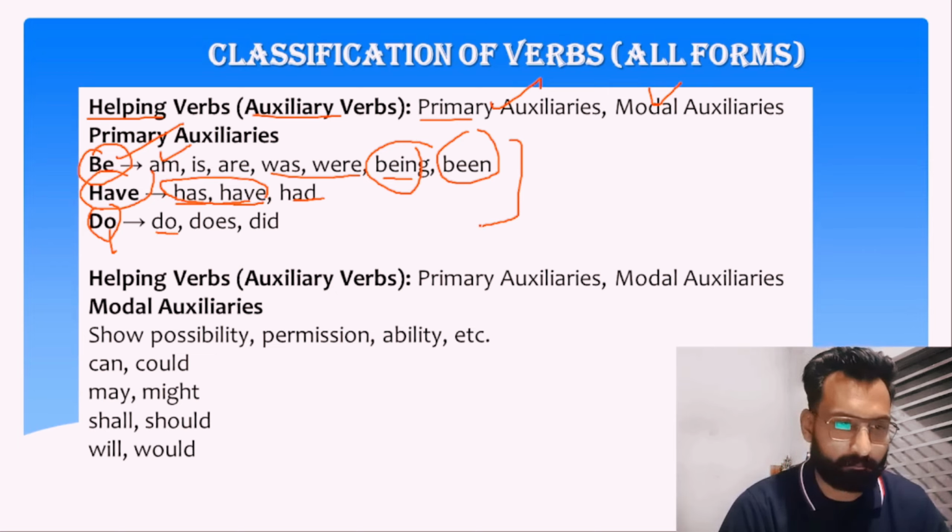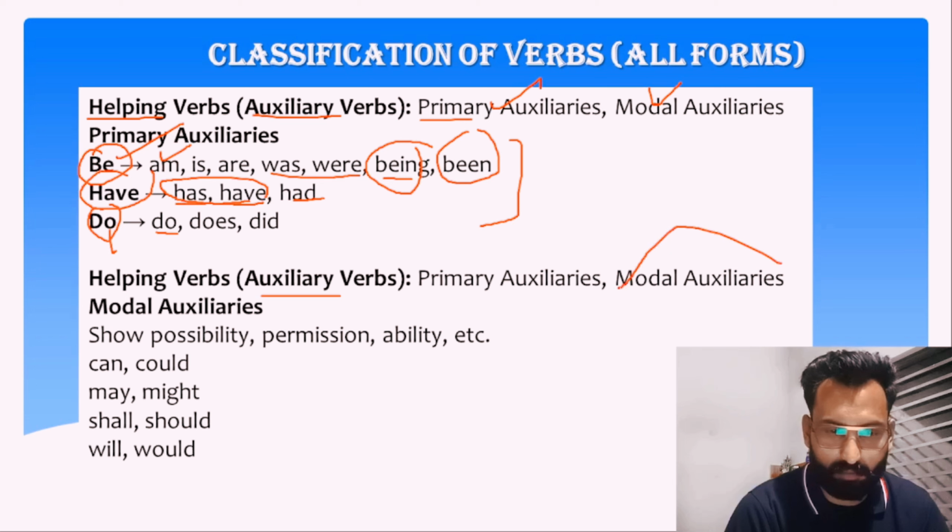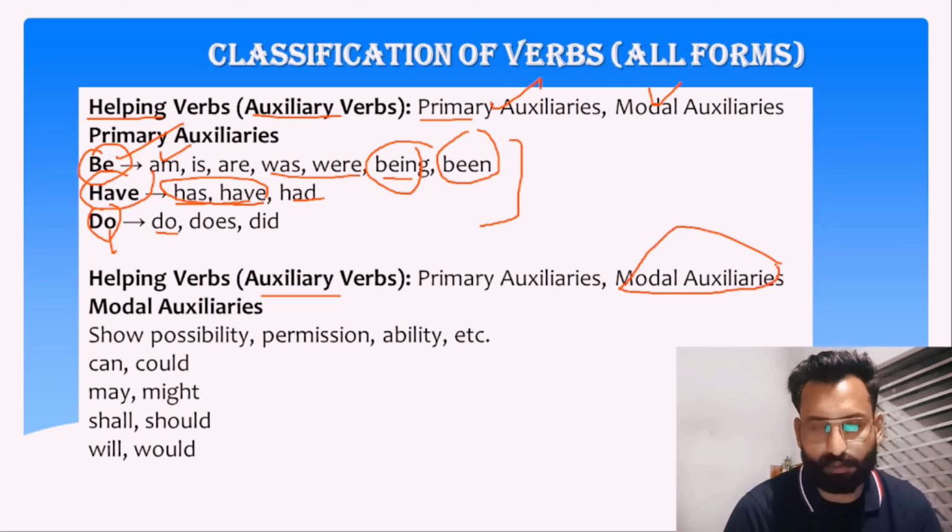For example, he is doing something, he had done his work. So here they help main verbs to make the meaning clear in the sentence. Second type of helping verbs are modal verbs. Modal verbs show possibility, permission, ability.